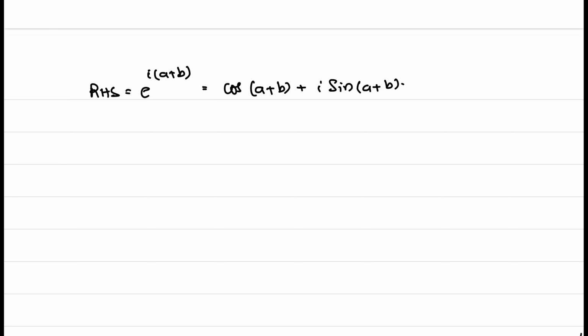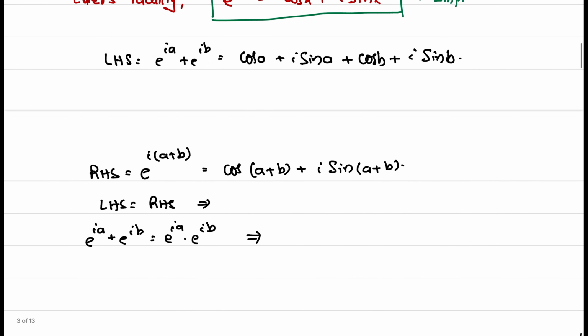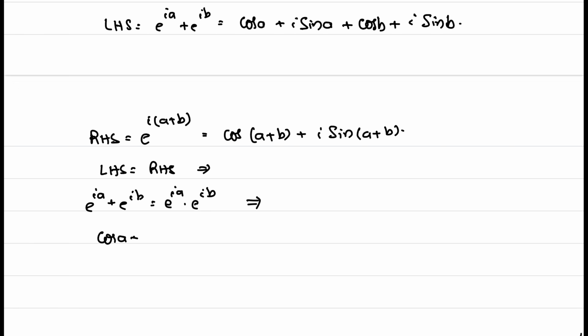From the given equation in the problem, let us equate LHS to RHS: e to the power of ia plus e to the power of ib is equal to e to the power of ia into e to the power of ib implies cos A plus i sin A plus cos B plus i sin B is equal to cos(A plus B) plus i into sin(A plus B).